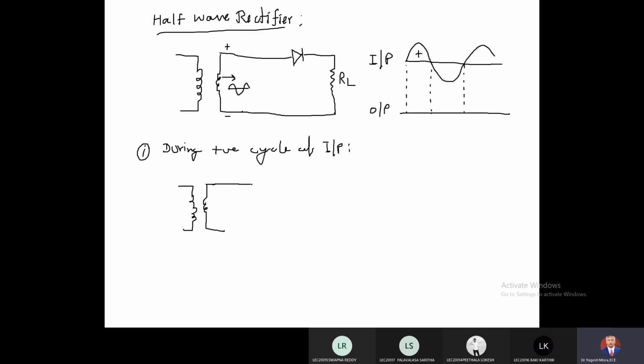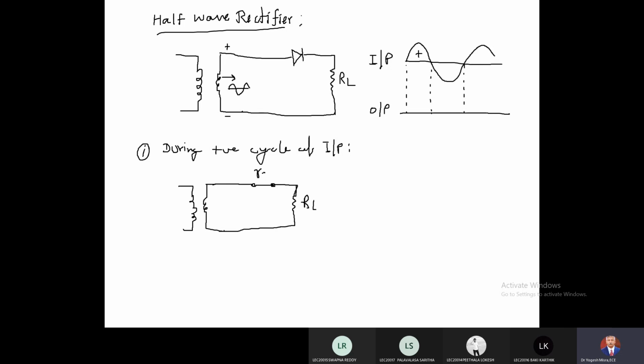Now the diode is forward biased, which means it is conducting, so you will find a short circuit. Here there is the load resistor and this diode, RF.